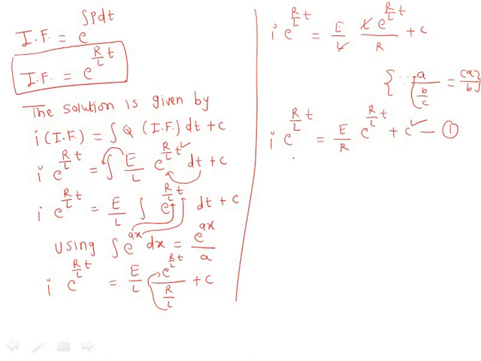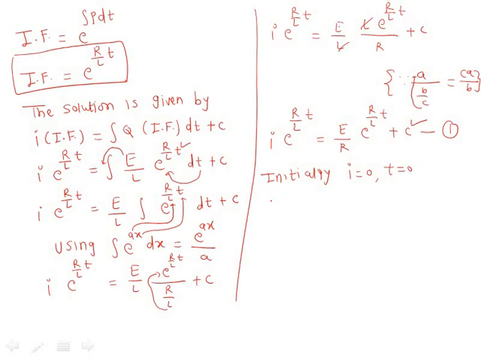Initially there will not be any current in the circuit, so we always use that initial condition to find the value of the constant c. So in the next step we will use the initial condition: initially I equal to 0 and t equal to 0. We will put this value in equation 1 and find the value of c.